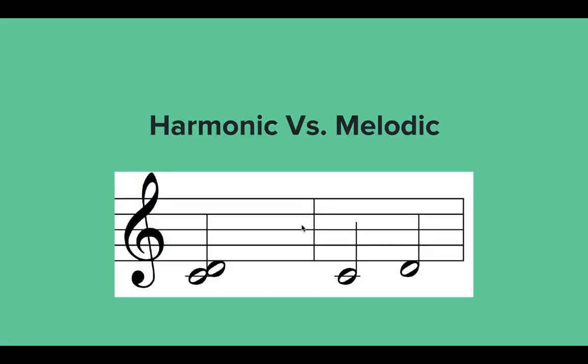Now I want you to listen as I play the following intervals the two different ways, harmonically and then melodically. So harmonically together, that second sounds harsh and dissonant. But when I play the two notes separately or melodically, it sounds very nice.